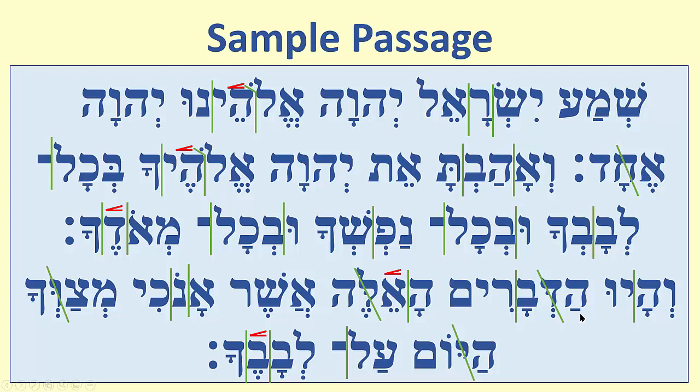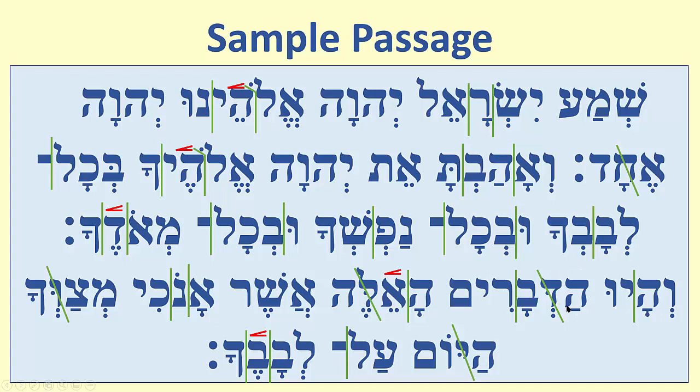The next word, hadivarim. Hadivarim. This dalet has a strong dagesh. We can tell because there's a preceding vowel. So there's going to be a dalet closing the first syllable and a dalet opening the next syllable. So the first syllable is closed with a short patach vowel. It follows the rule of unaccented syllables, but this is also pre-tonic, what do they call it? Antepenultimate.